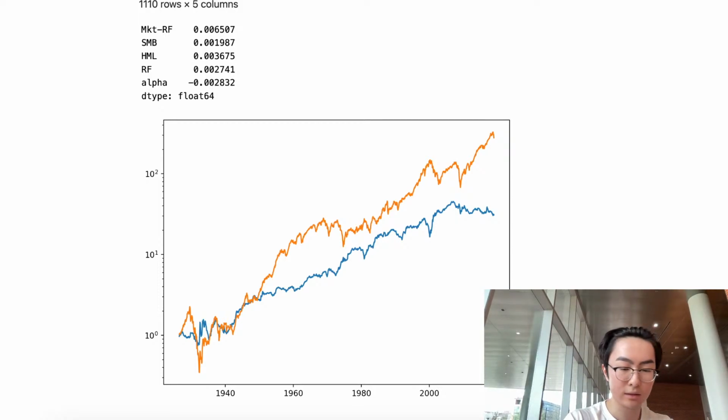In bad times, value companies generate higher returns.